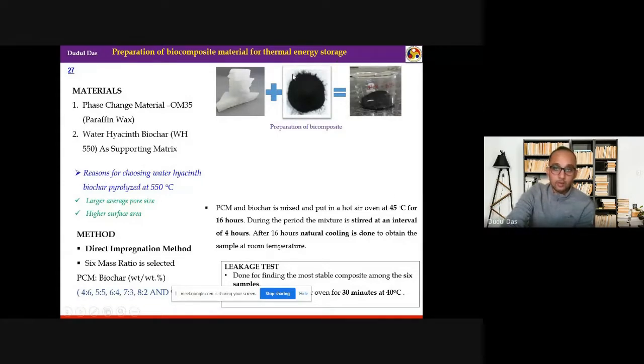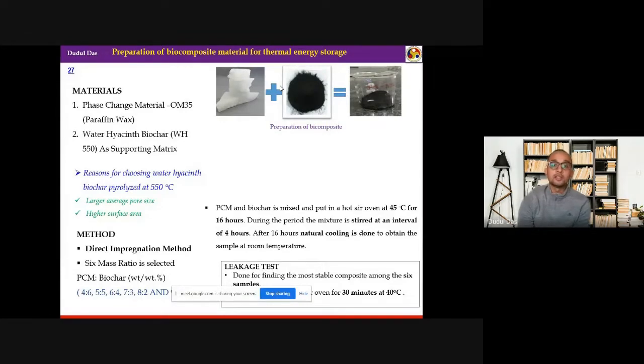We optimized the biochar parameters. We tried to come up with a novel biochar, derived from water hyacinth. This biochar was produced at a pyrolysis temperature of around 550 degrees centigrade, where we received the best quality biochar.